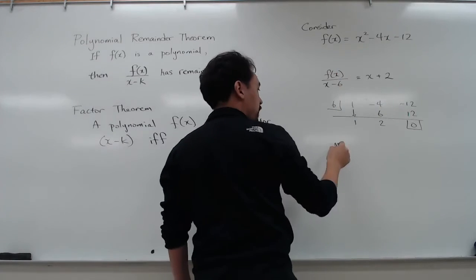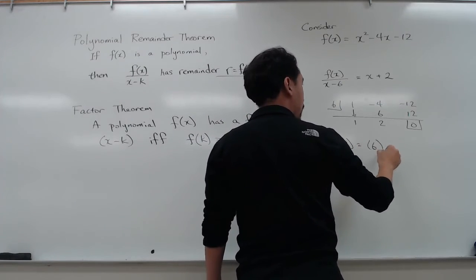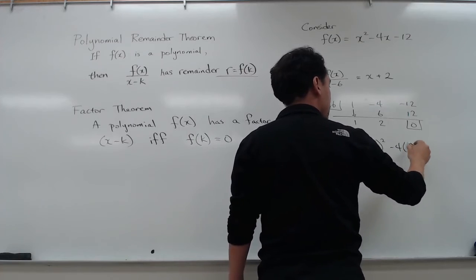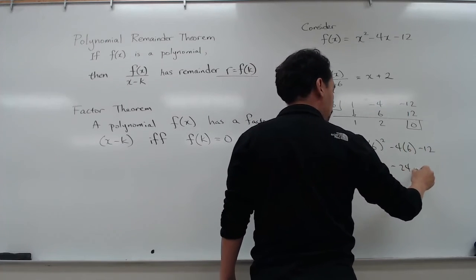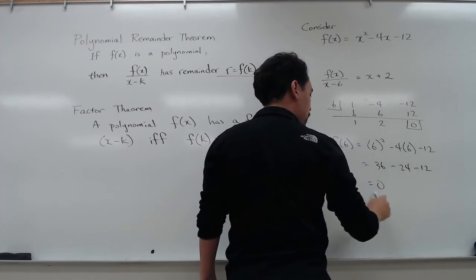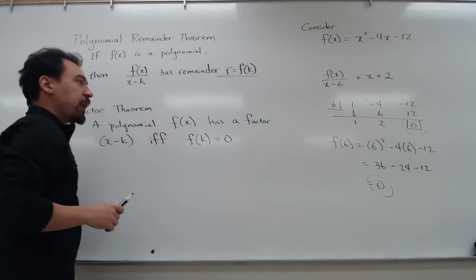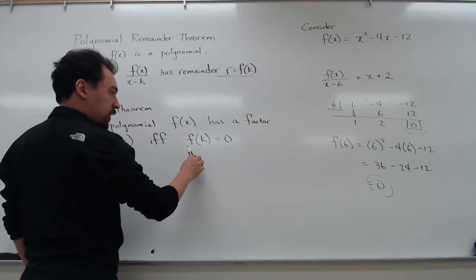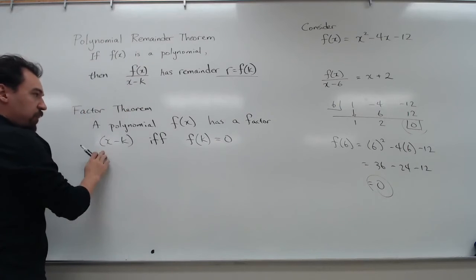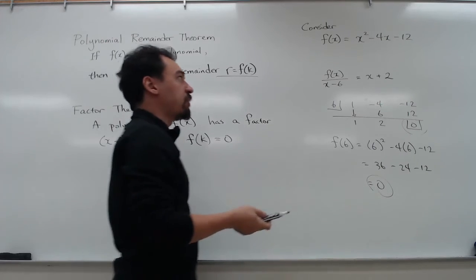And I can confirm that, right? If I take f of 6, then that's going to be 6 squared minus 4 times 6 minus 12. Now this is going to be 36 minus 24 minus 12, which is 0. This 0 matches that 0. Okay, so far we're good. And then we can say, using that, we know that f of 6 equals 0, so we can argue that x minus 6 is a factor of f of x.